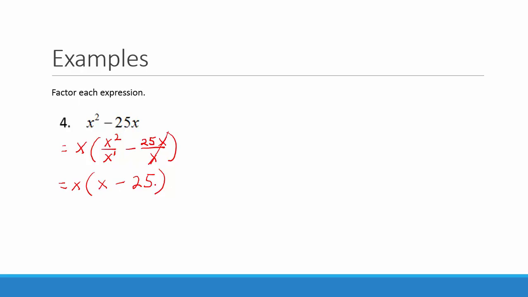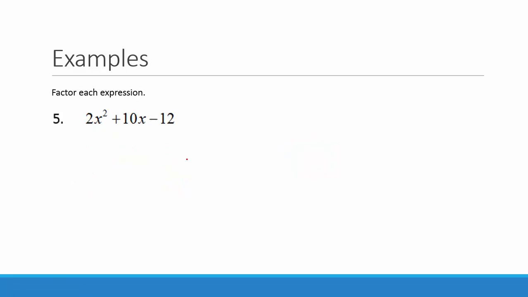This parenthesis has x minus 25. This is not in the form of a squared minus b squared because the x is not squared. So this piece right here cannot be factored. It is prime because our a is not a perfect square. So this is our completed factored form for this problem, and there's nothing more that we can do.